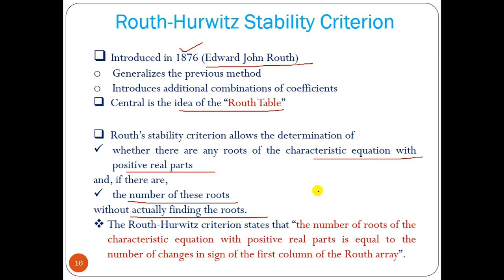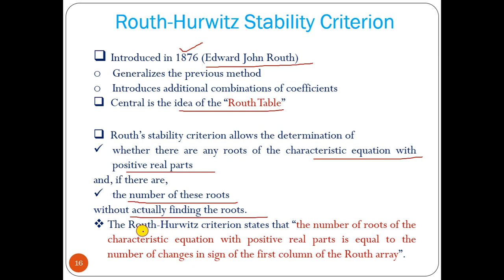That means using the Routh stability criterion we can find out how many roots are in the right half of the plane, whether we have one root, two roots, or three roots in the right half plane, without finding the actual value of the roots.